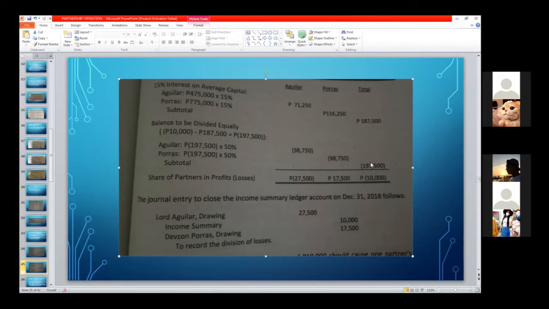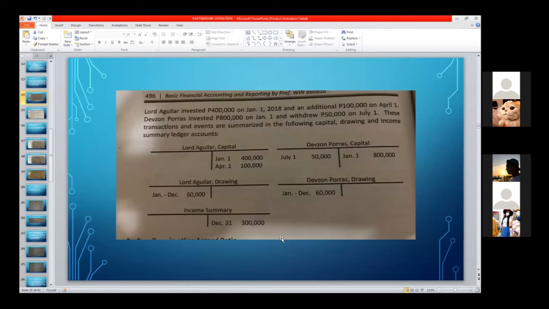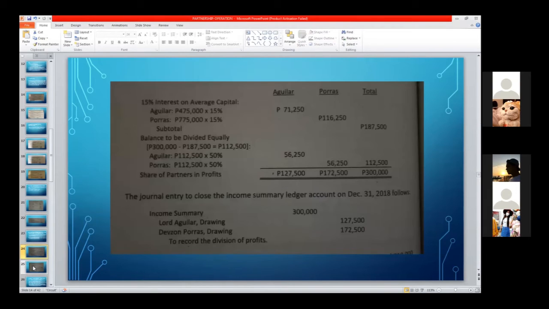Pero by the time na i-distribute na natin siya, i-debit nyo na yun. Tatanggalin nyo na siya. Gagawin nyo ng zero balance yung income summary. Balikan natin yung kanina. Diba? So, kaya sabi dito sa problem nito kanina, meron tayong 300,000 na profit. Pero nung dinistribute natin siya, ginawa natin siyang debit. So kaya magkakaroon din dito ng 300,000 para ma-cancel out na itong income summary. Kasi i-distribute na natin sa drawings nila. Ganun yun. Okay, isa na tayo.